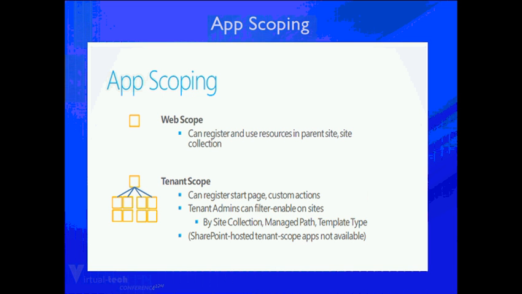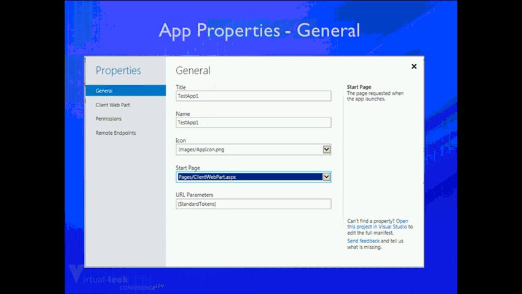All these options are available in the Visual Studio project templates when we develop the apps. I'll quickly get onto it in a little while. There we can set the scope and what permissions we want to set and all those things. So we can move to the next slide.